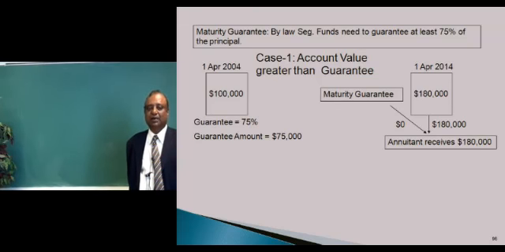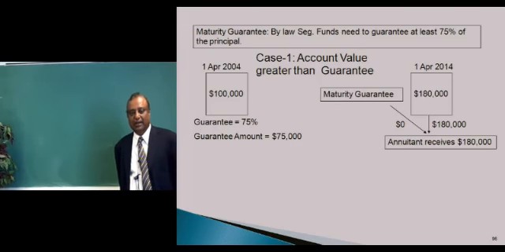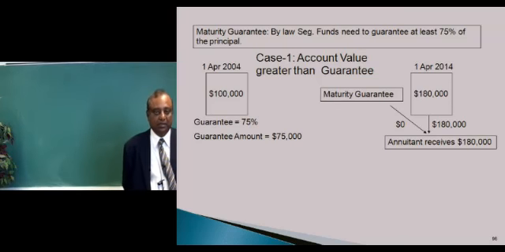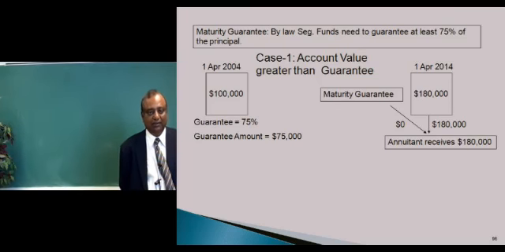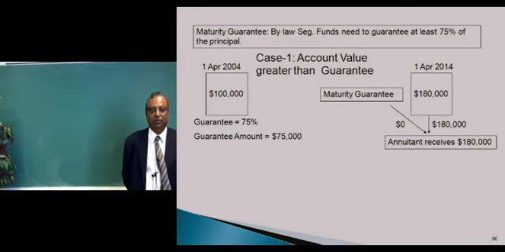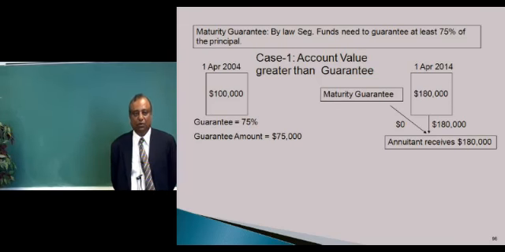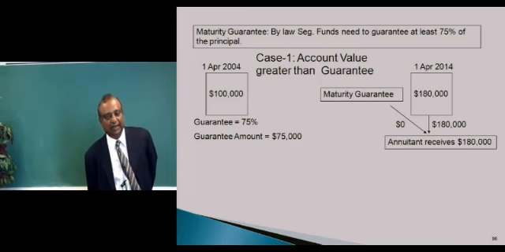When the fund matures on 1st April 2014, let us say the account holds $180,000. How much will the annuitant receive? The annuitant will receive $180,000, the higher of the account value or the guarantee amount, whichever is higher.